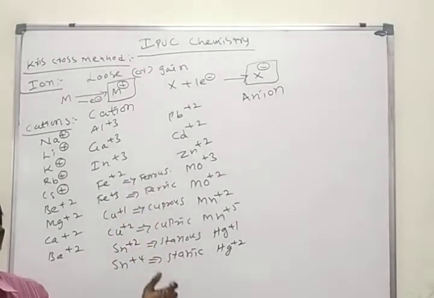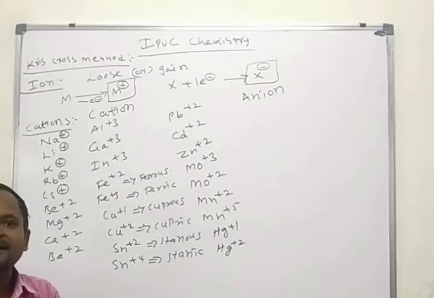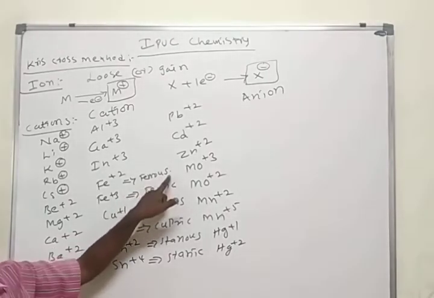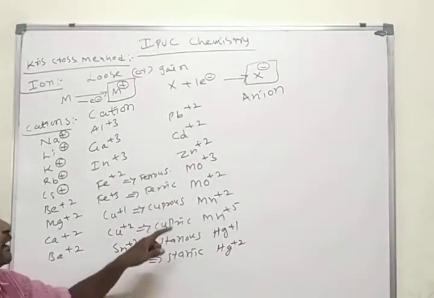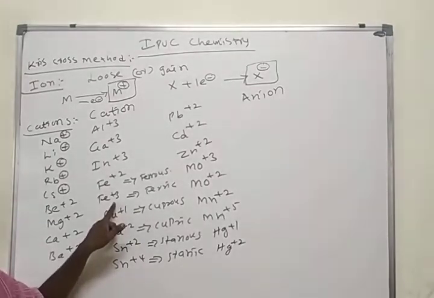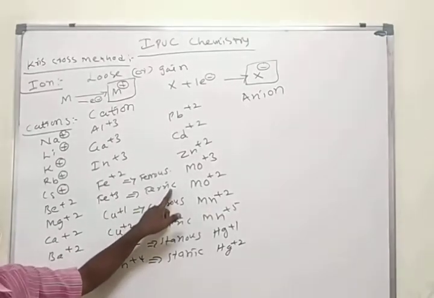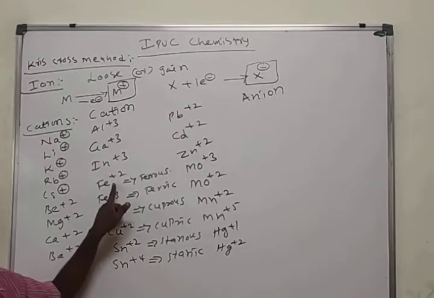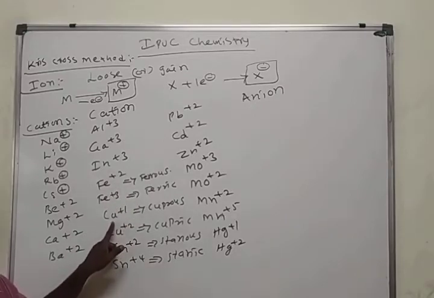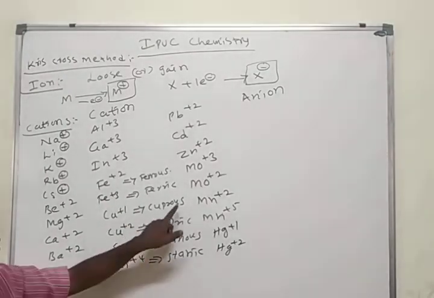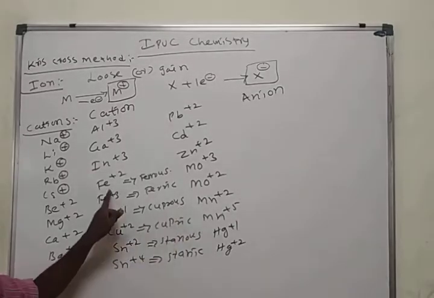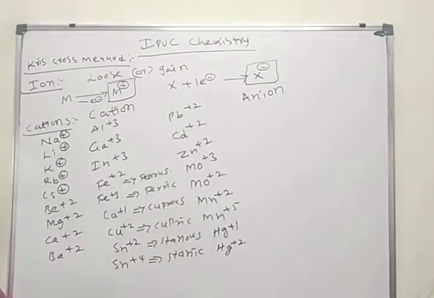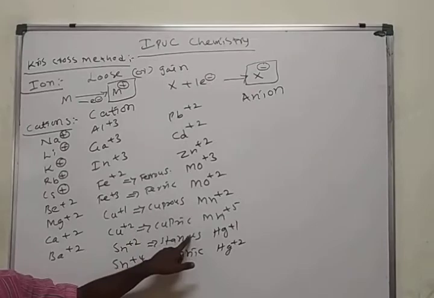The first oxidation state of an element is indicated with ous. Iron's first oxidation state is plus 2, so we call it ferrous. Copper's first oxidation state is plus 1, so cuprous. The next oxidation state of iron is ferric, plus 3. The next oxidation state of copper is plus 2, cupric.